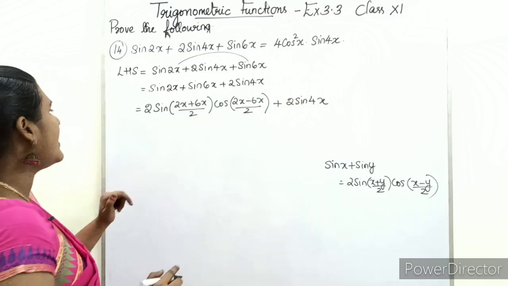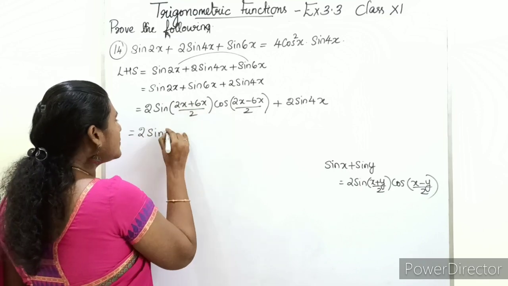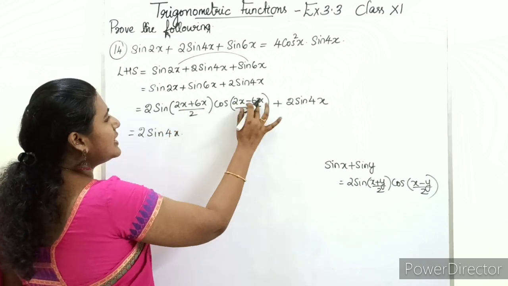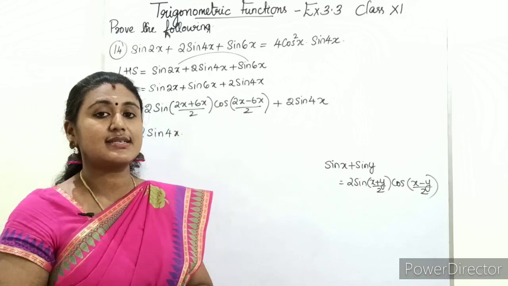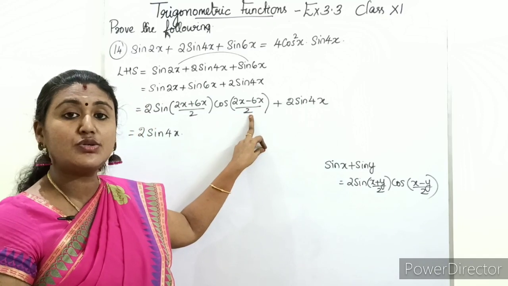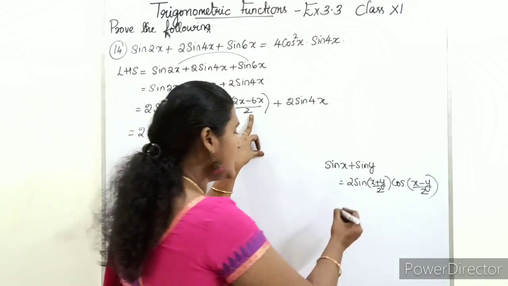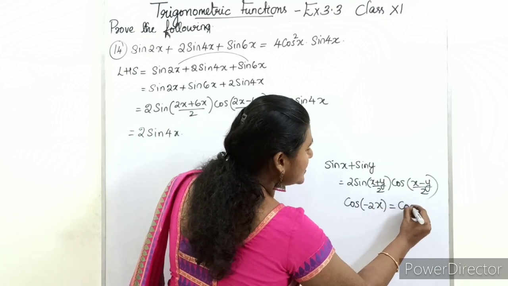Now we will simplify these two, that is 2 sin, here 8x by 2, that is 4x, into cos (2x minus 6x). 2x minus 6x is minus 4x. Minus 4x divided by 2 is minus 2x. So you know that cos of minus 2x is plus cos 2x.